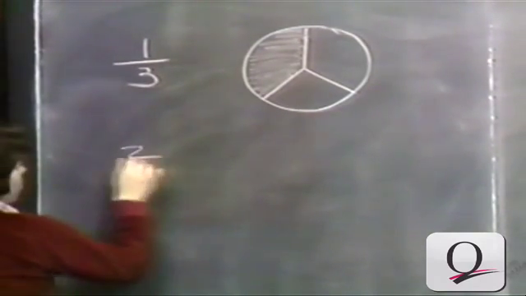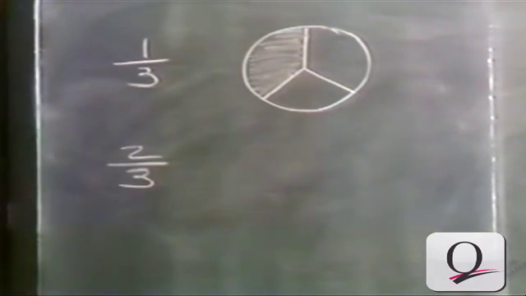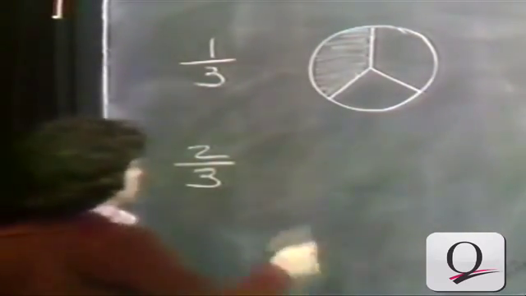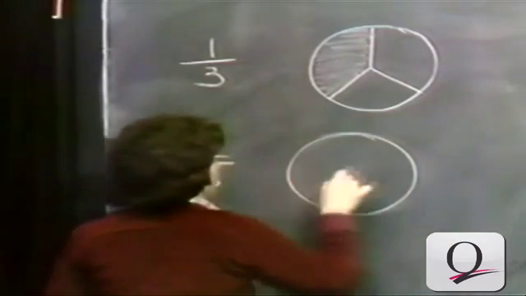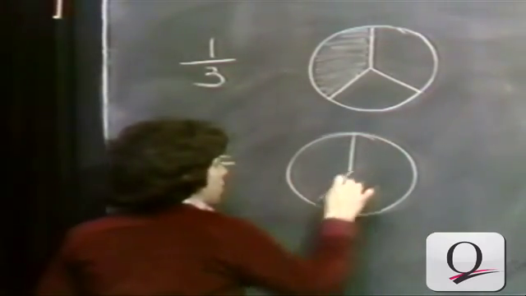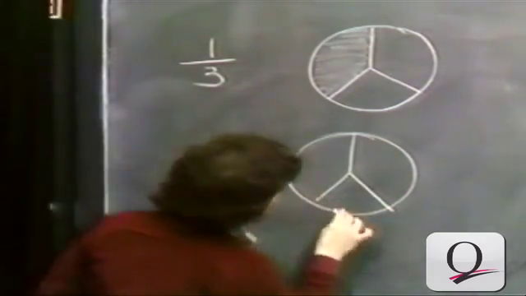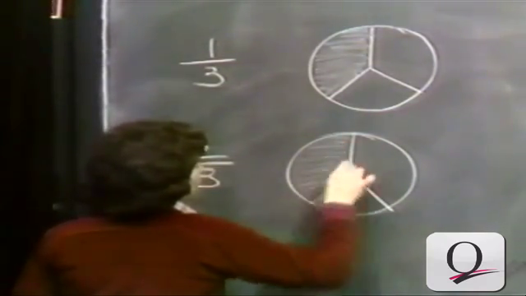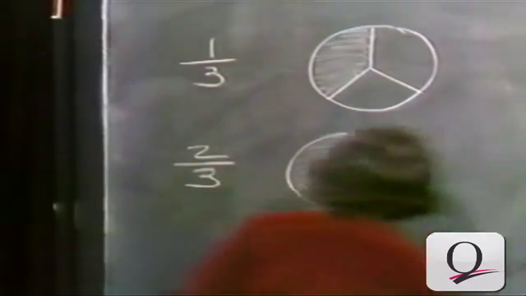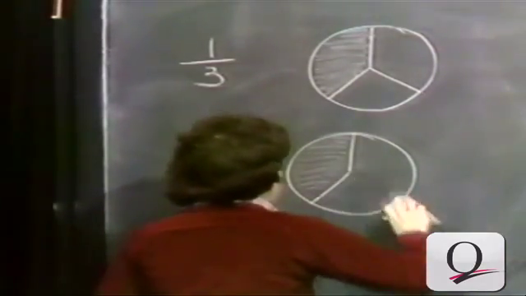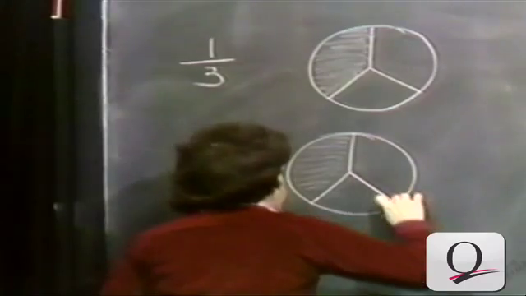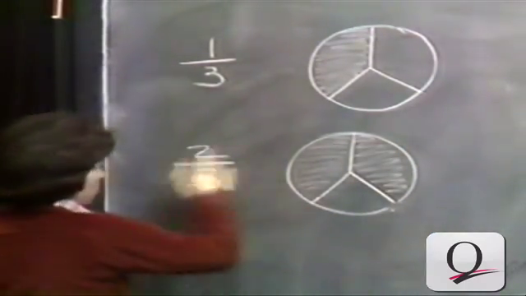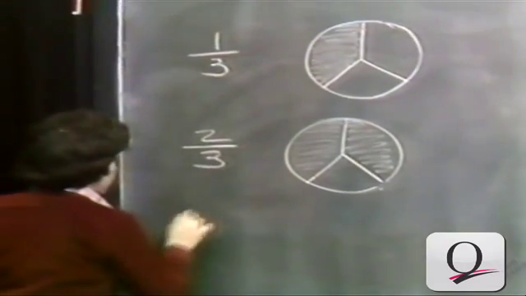If we were working with the fraction 2/3, the pie is divided into 3 sections, and we are interested in 2 parts. Well, it doesn't come out exactly right, but I think you get the idea. 2/3. 3/3, of course, would be the entire pie. Now, what about 4/3?